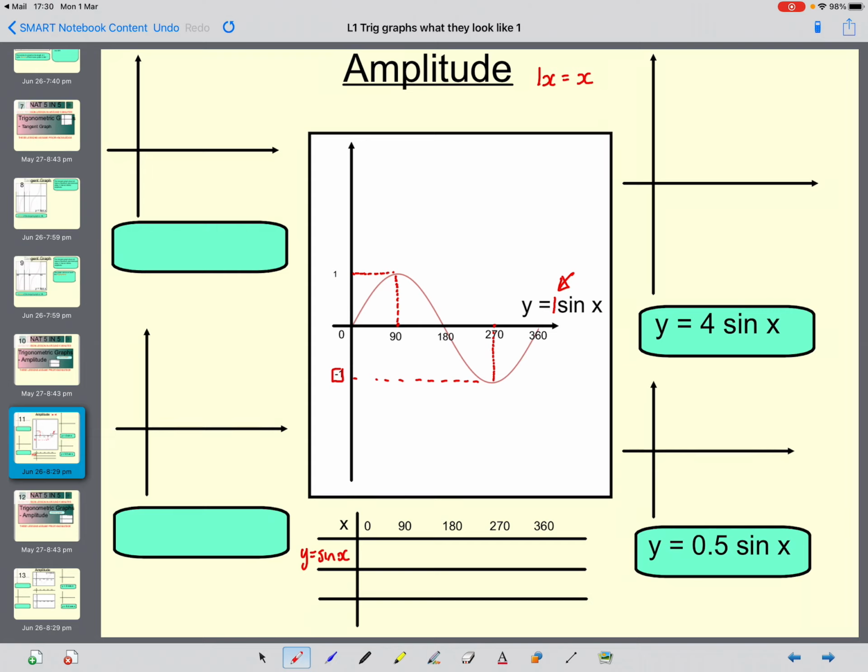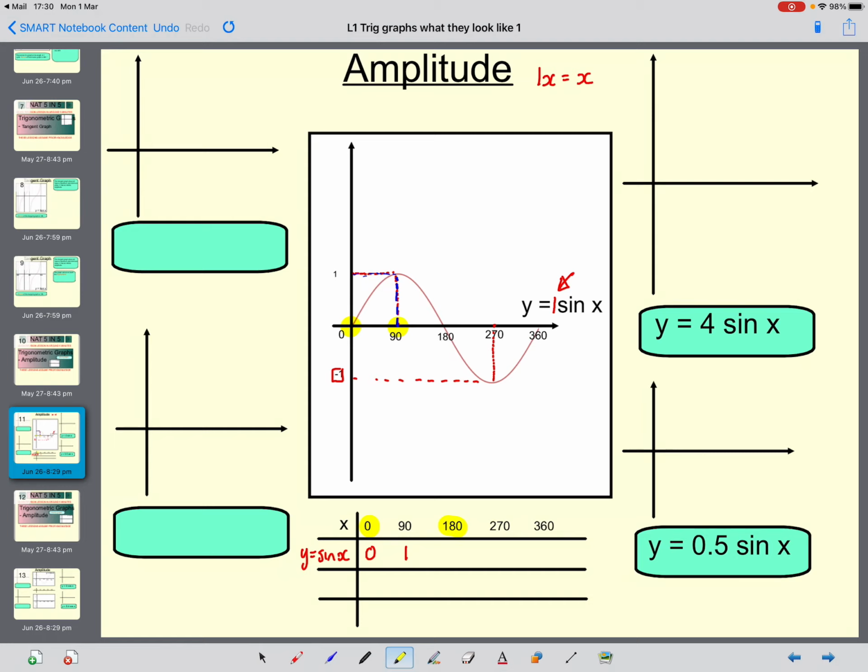So if I was to plot sine x, when your x value is 0, you know your output, your y, is going to be 0. When your x value is 90, you can go up, again doing blue, along, and your y value is going to be 1.